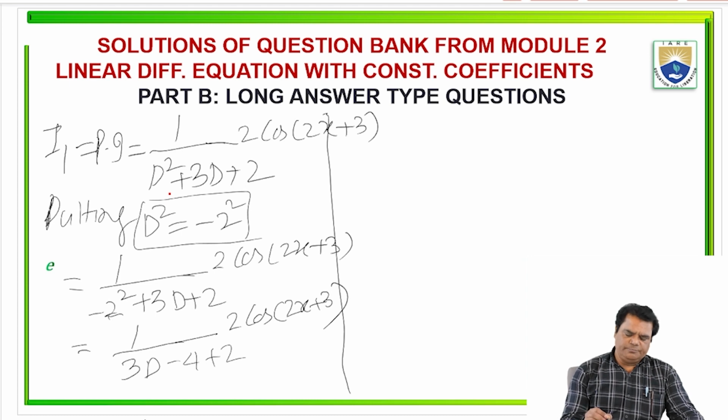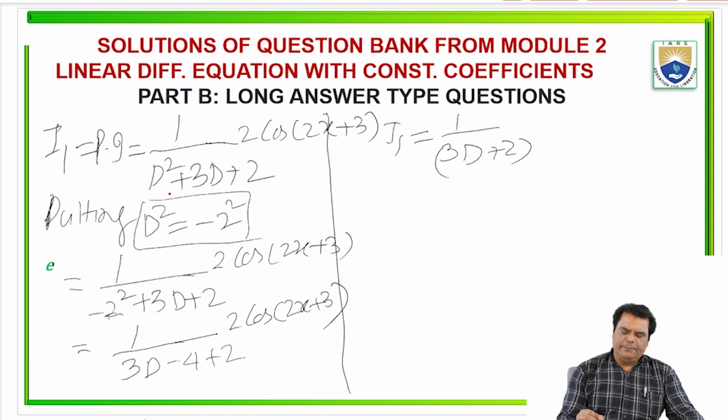So this is I1 equal to 1 upon 3D minus 2. Multiply by the conjugate, 3D plus 2, in the numerator and denominator. This is the conjugate of this bracket.